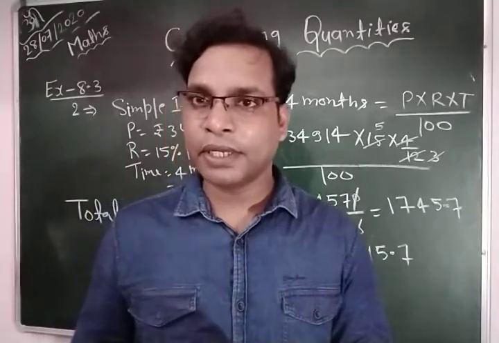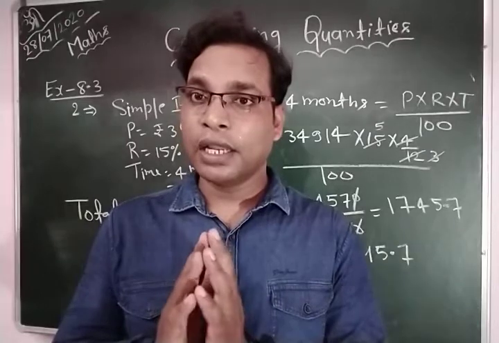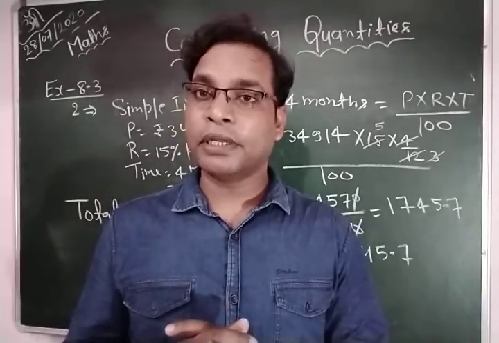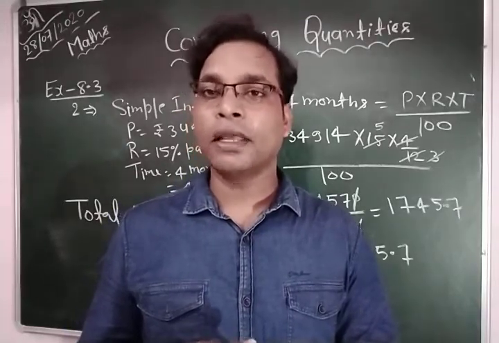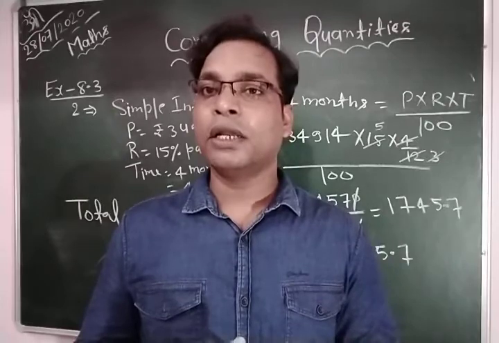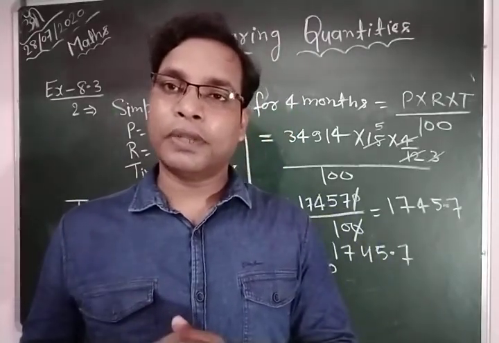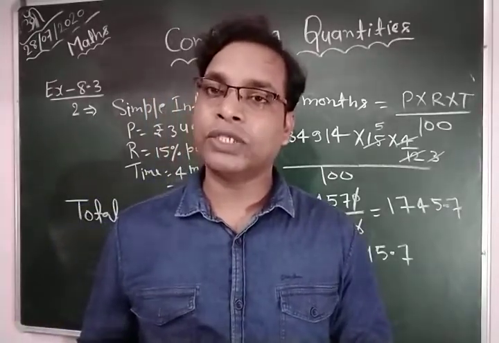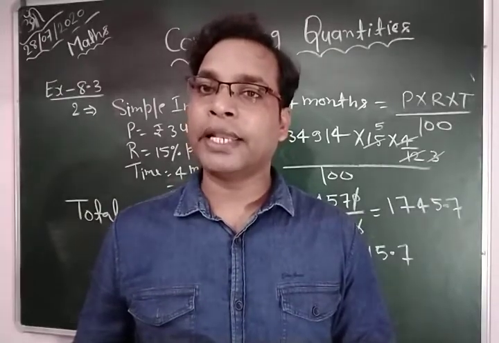Here the principal is given as 26,400, the rate is 15% per annum, and the time is given as 2 years 4 months. Okay. So first we find the amount for 2 years by putting the values of principal, time and rate in the formula A is equal to P into (1 plus R by 100) power n.